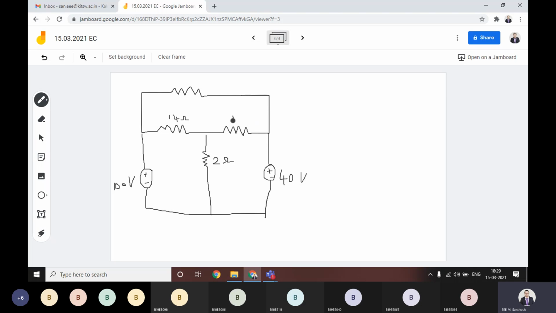This one is 1 ohm. This is R. Okay, the resistance is equal to R. Now you find the value of R. Now time starts now. You can use KVL or KCL, whatever the rule you want, you can use, but find the value of resistance R.